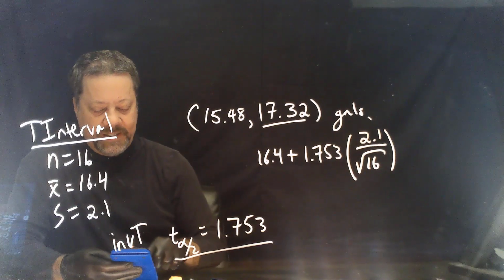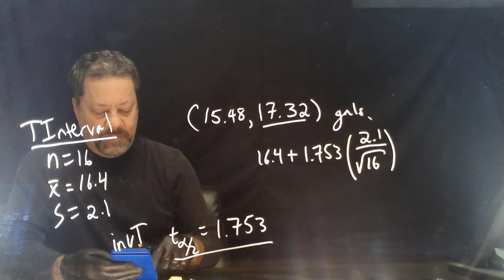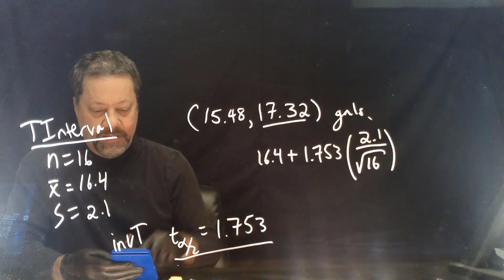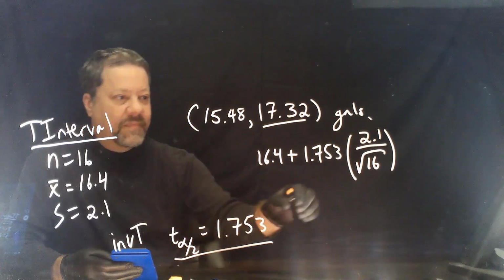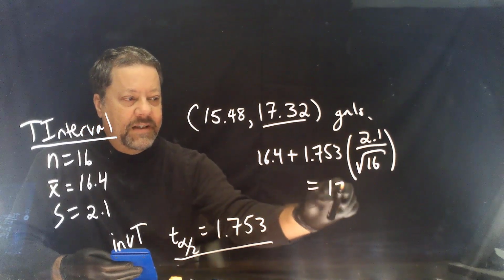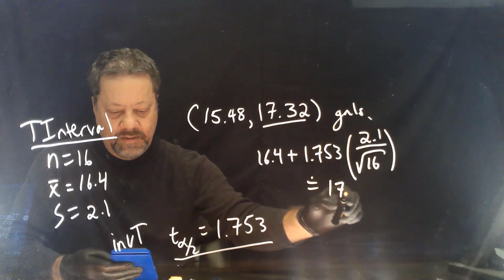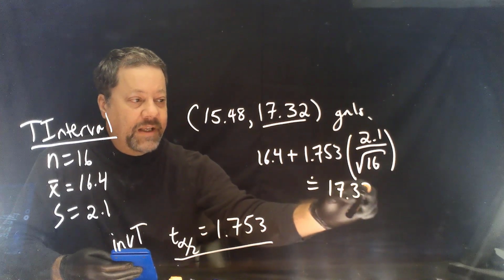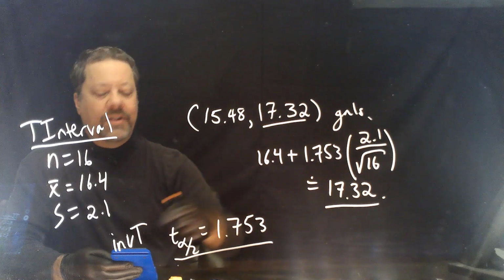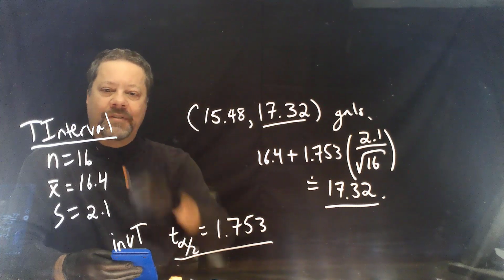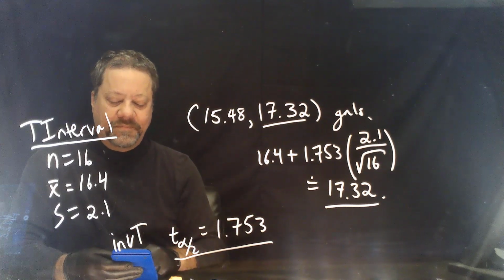I'll type that in. I am getting 17.32, just as before with the t interval command on the calculator.